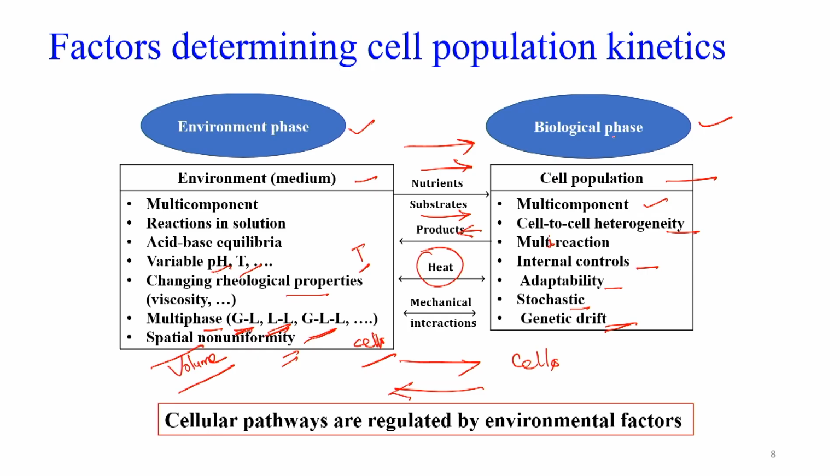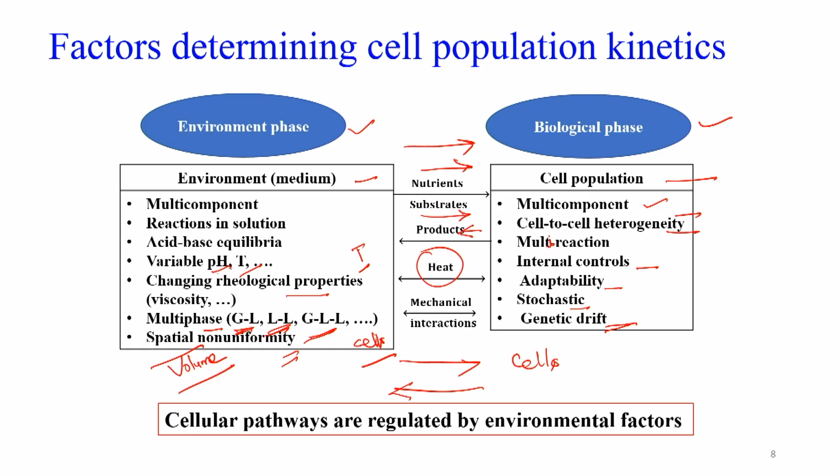Now, as I told, in the case of a biological system, we consider it multi-component because a number of metabolic pathways are ongoing parallelly inside the cells, required for cell growth, for product formation, and for the synthesis of any byproduct. Further, all the cells are not in the same phase. Some cells are in the growth phase, some are newborn, some are in stationary phase and some may be in the death phase.